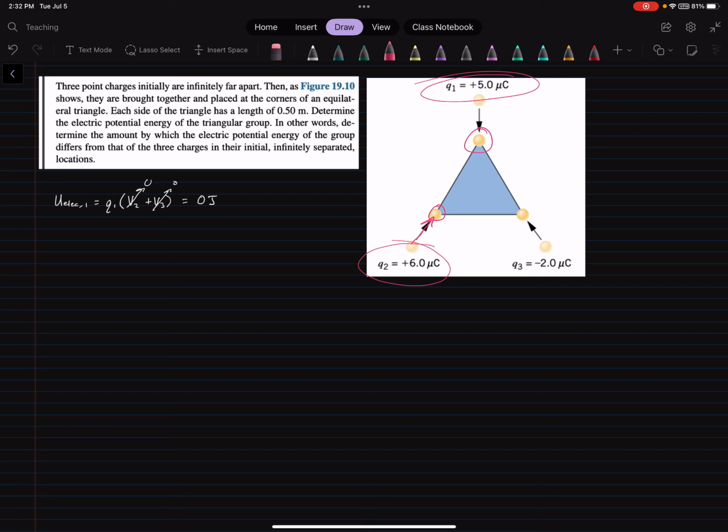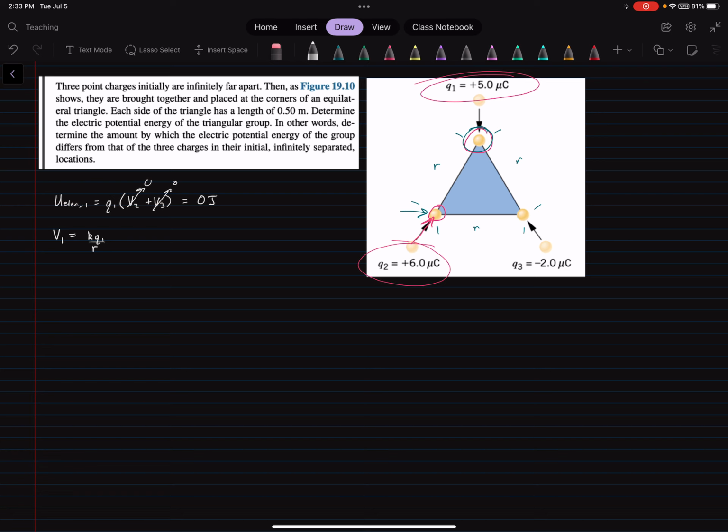So we can calculate the potential at this position here, due to charge 1 now being at the top of the triangle. So V1 is equal to KQ1 divided by R, R being this distance here, half a meter. And they're all the same, equilateral triangle.